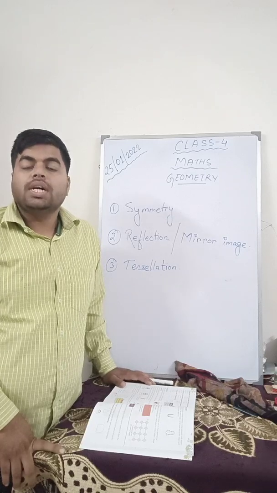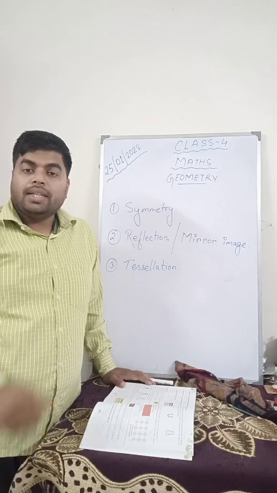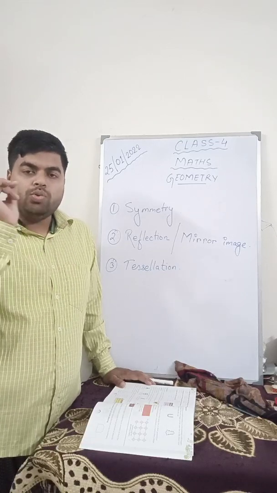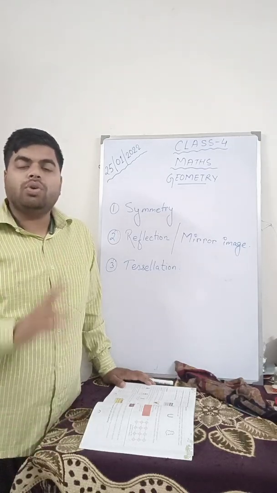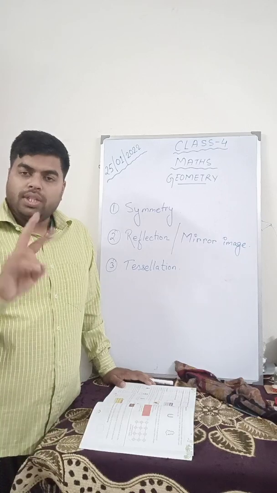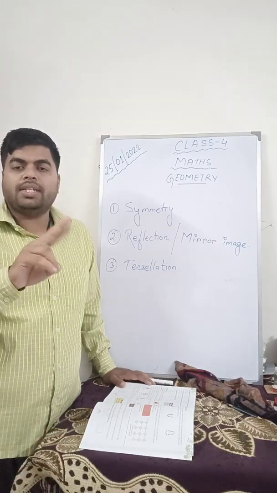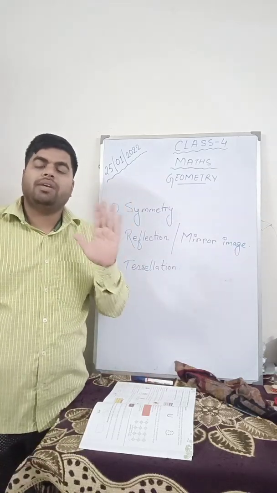What can you see? You will see your image first. Secondly, the side of the image changes. The left side of you, when you look into the mirror, becomes your right side. The right side of you will become your left side. So this change in direction, change in side takes place. Reflection is the mirror image that you see.